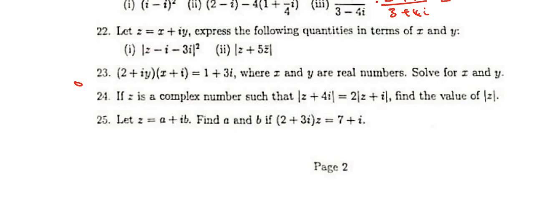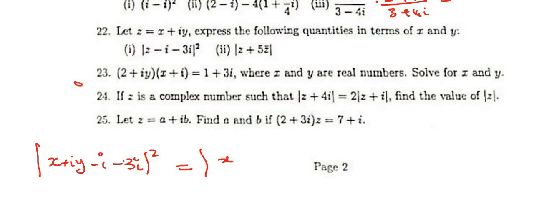Then number 22 is the same thing, except here we're just dealing with arbitrary letters, because z is x plus iy. So they want us to get the modulus of z. For z, we put x plus iy. There's a minus i already, and a minus 3i. This is going to be the real part, this is supposed to be x plus iy, this is minus 4i, because it's negative i and negative 3i, so they're like terms. They'll give us this. There's a 2 there.